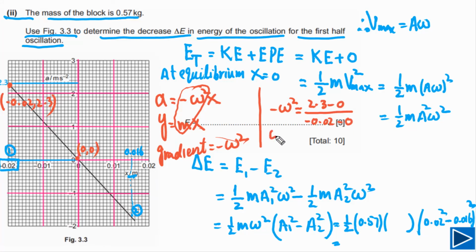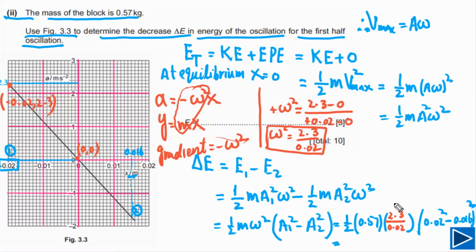So it simply means that omega squared is equal to 2.3 divided by 0.02. The negatives cancel. So this is value of omega squared, and this value we have to plug in here. So we can say this is 2.3 divided by 0.02. So this is omega squared.